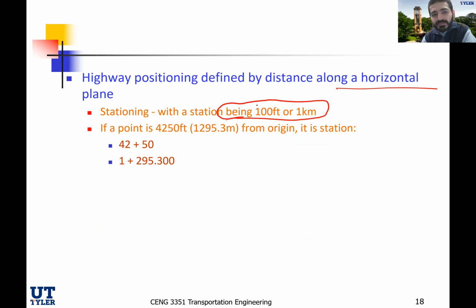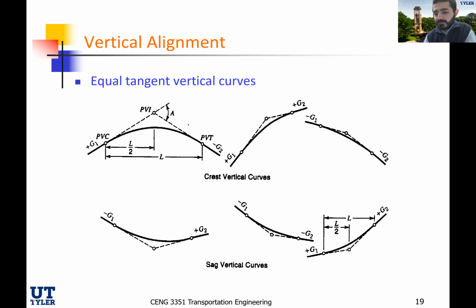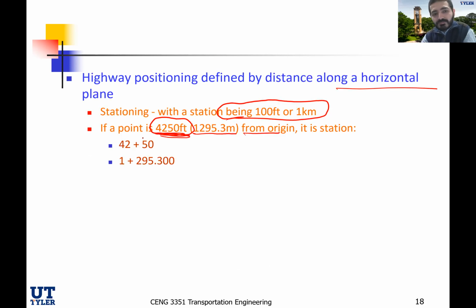For example, if a point is at 4,250 feet, which in meters is 1,295.3 meters from the origin, the way in surveying we do not put the distance as 4,250 feet. We put it in hundreds of feet. So it's 42 plus 50.